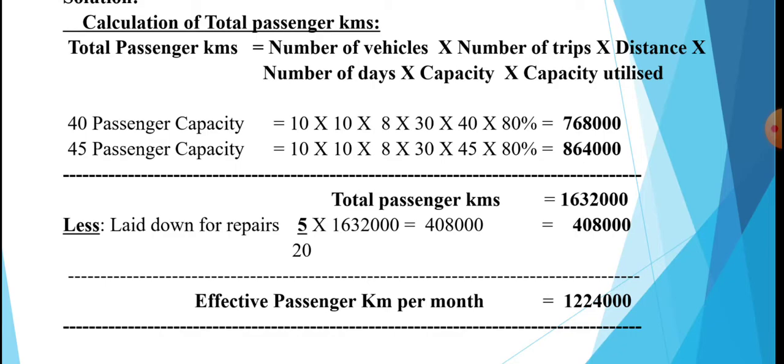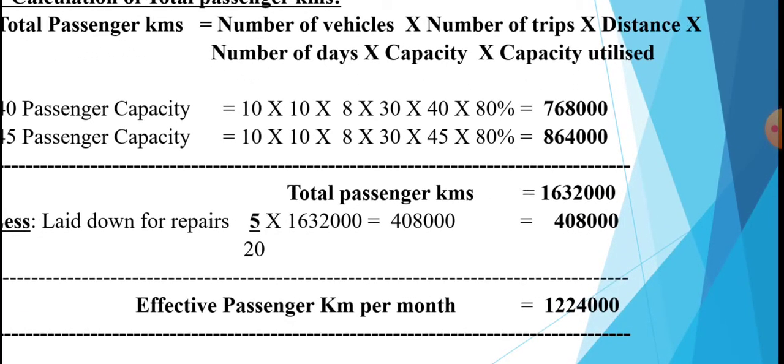If they had given it in percentage, we would have taken the percentage, but they have given the number of buses. So 5 divided by 20 into 16,32,000 equals 4,08,000.